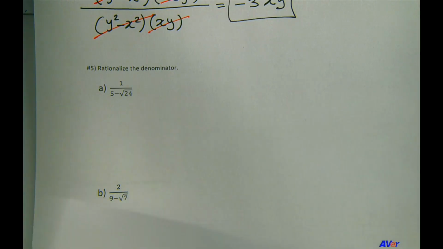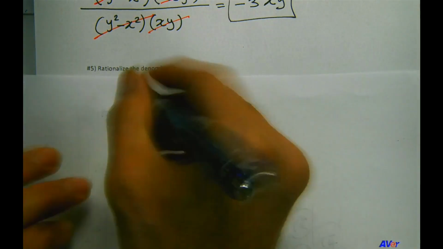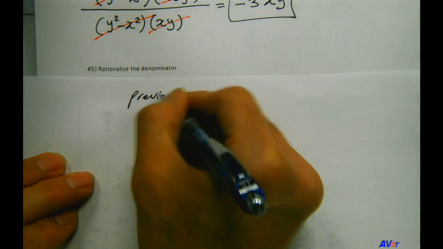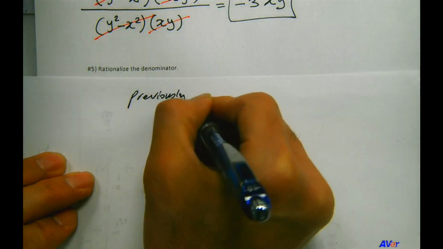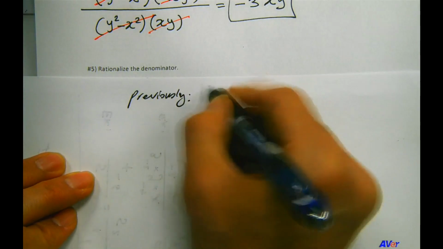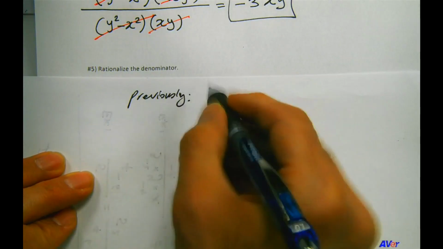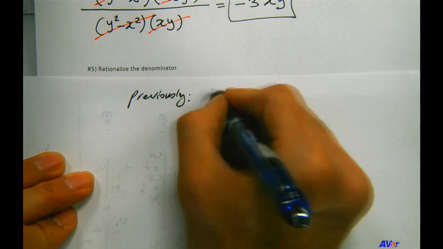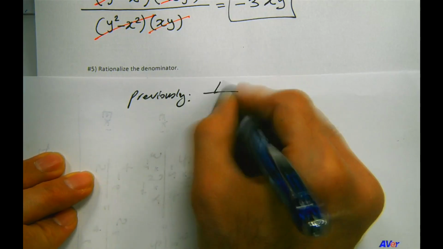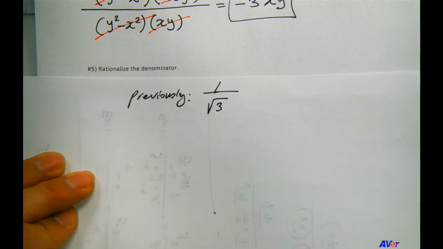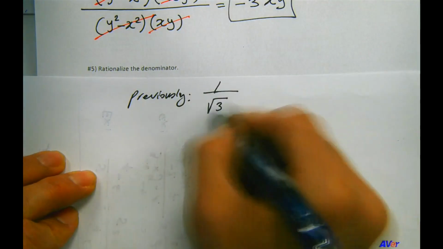So in the previous section, we rationalized fractions that had one term. Let's say if we wanted to rationalize 1 over square root of 3, that was the question, one term, right?